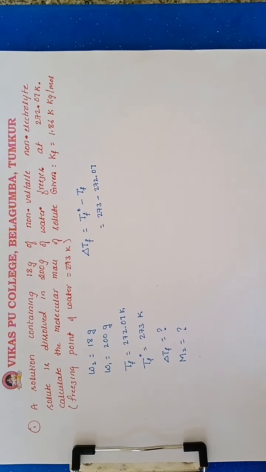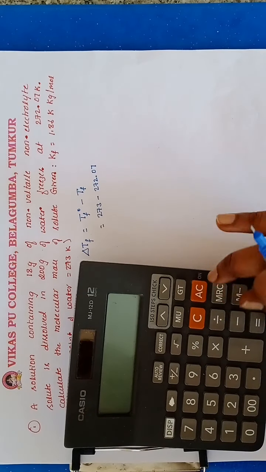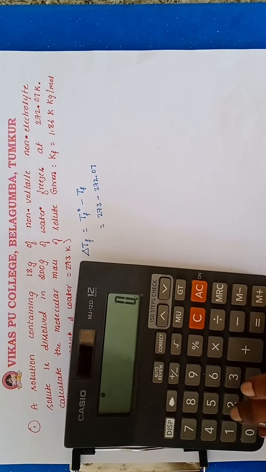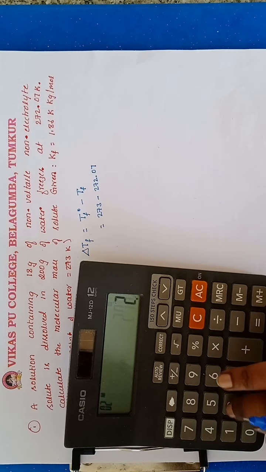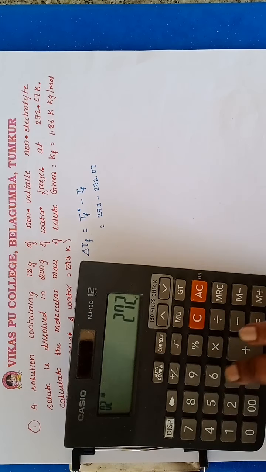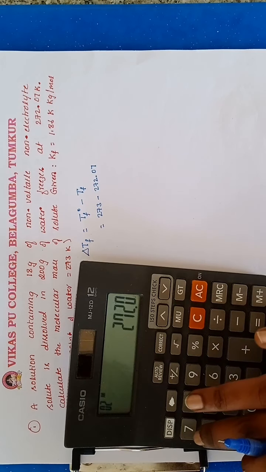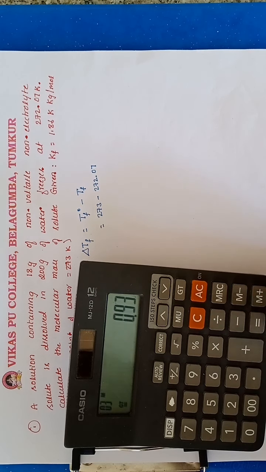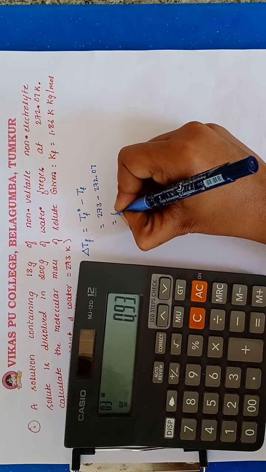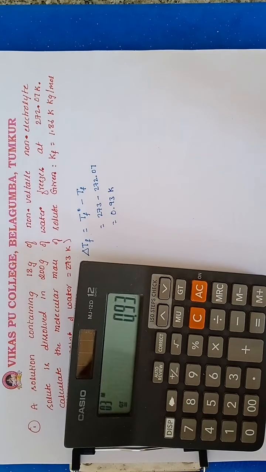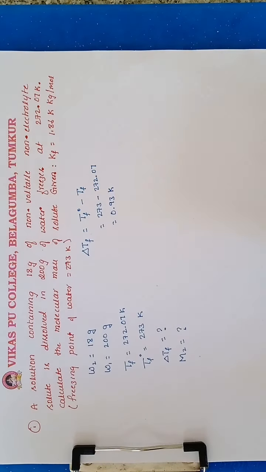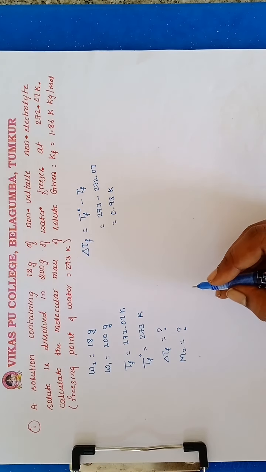We subtract by using the calculator. 273 minus 272.07 equals 0.93 Kelvin.